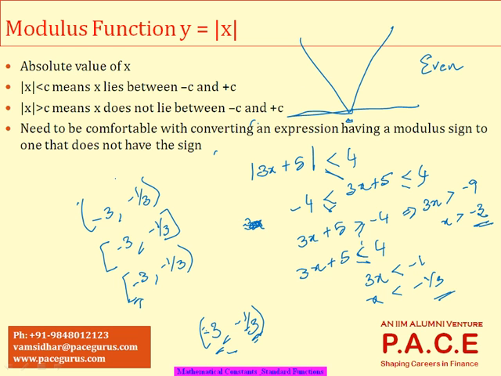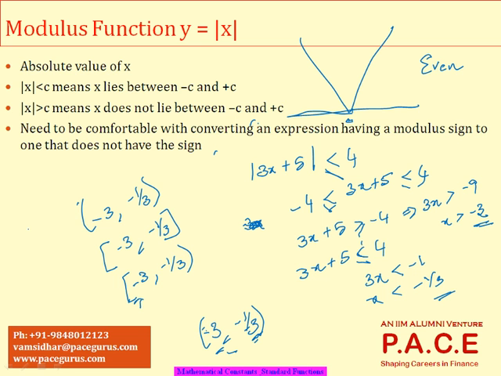So this is always a positive value, and as x keeps increasing, the mod x value also keeps increasing. So these are some of the things we have to be comfortable with when we are trying to solve modulus x related calculations.